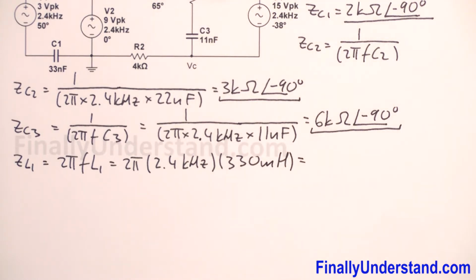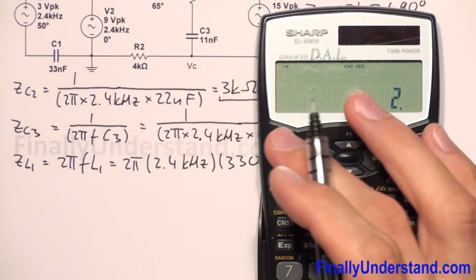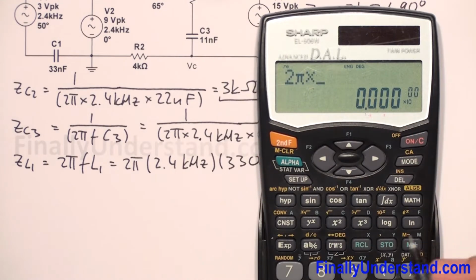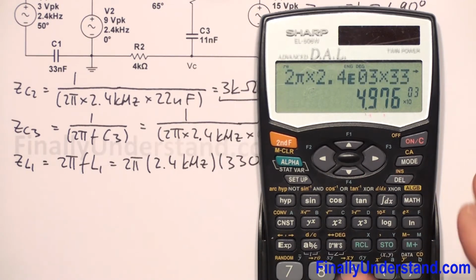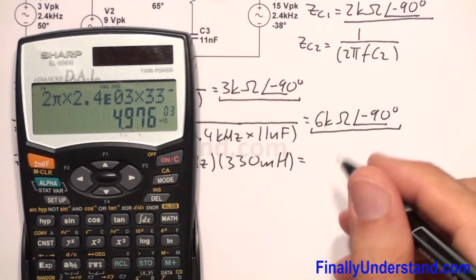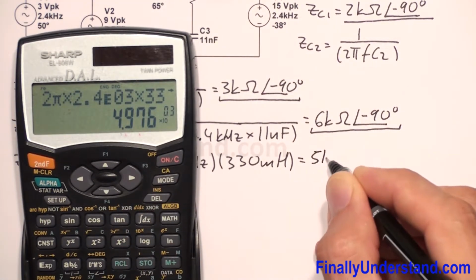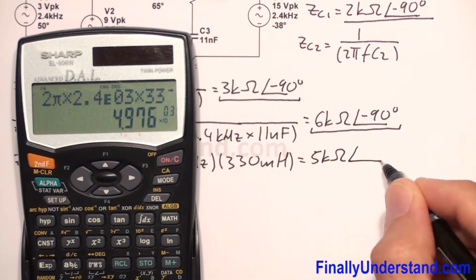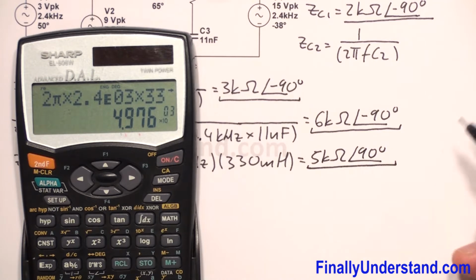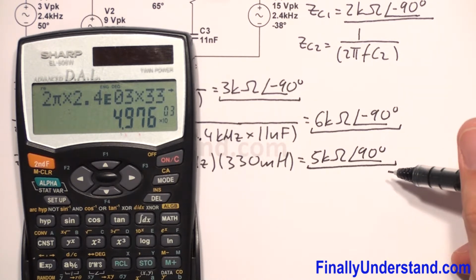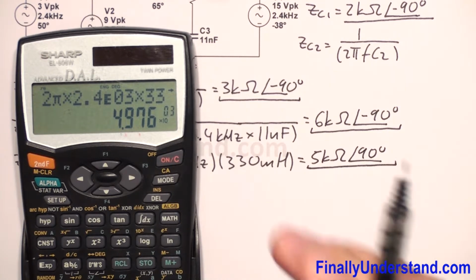Okay, so this is equal 2 pi times 2.4 exponent 3 times 330 exponent 3 negative, close parenthesis. This is equal, we can say, 5 kiloohms and angle of 90 degrees, because the impedance of the inductor we always write with the angle of 90 degrees.